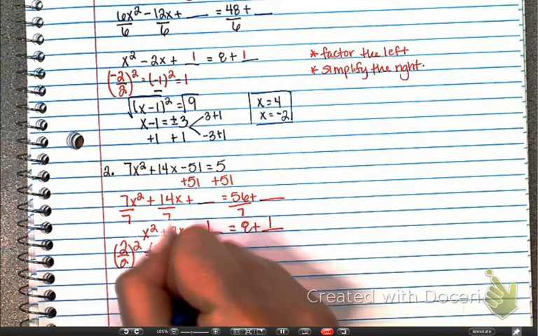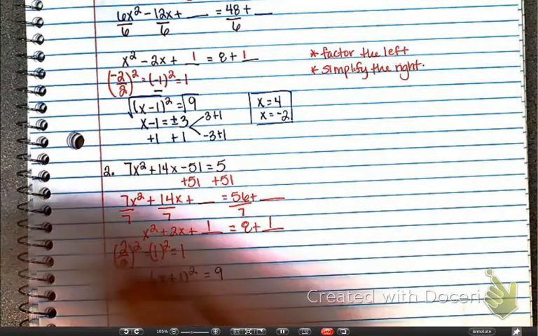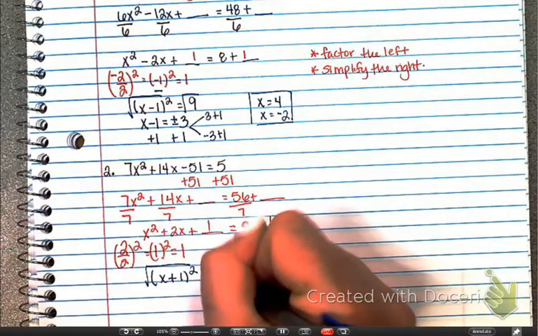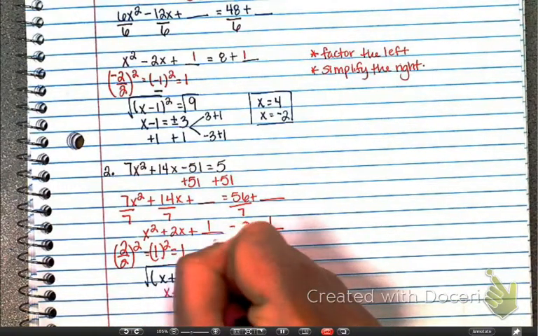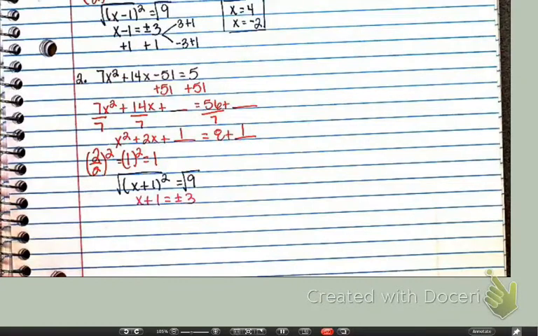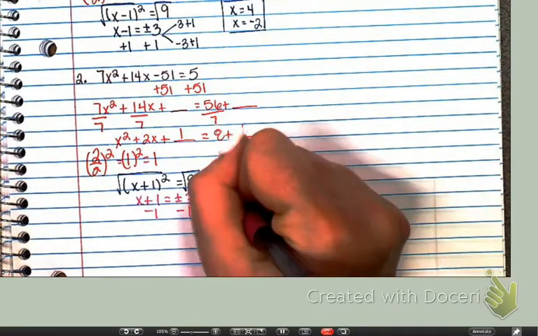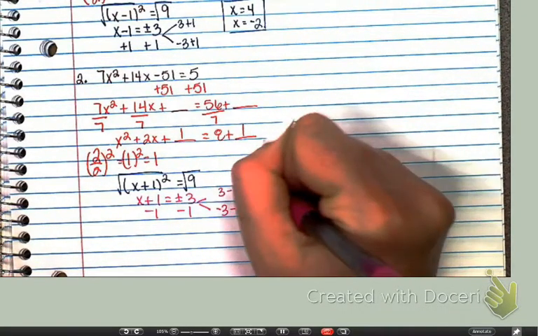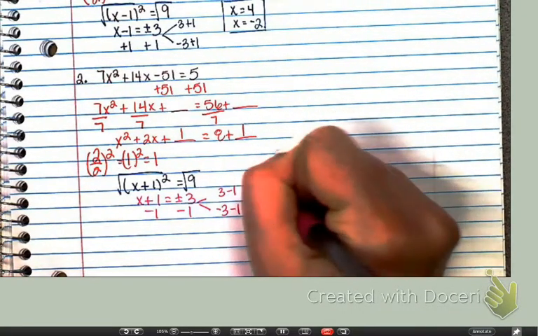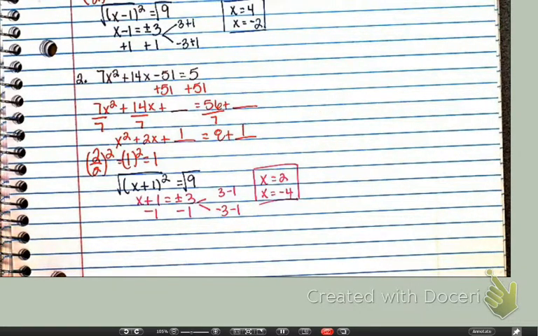Factor the left. X plus 1 squared equals 9. Take the square root. X plus 1 equals plus or minus 3. Subtract 1. And you have two physical answers, 3 minus 1 and negative 3 minus 1. So x equals 2 and x equals negative 4. I think everyone had that.